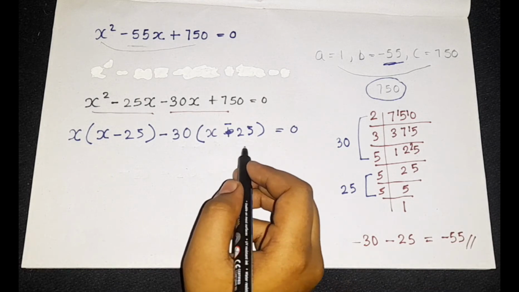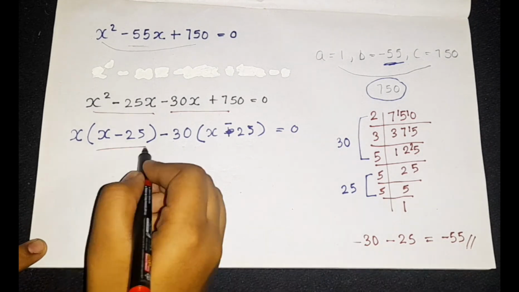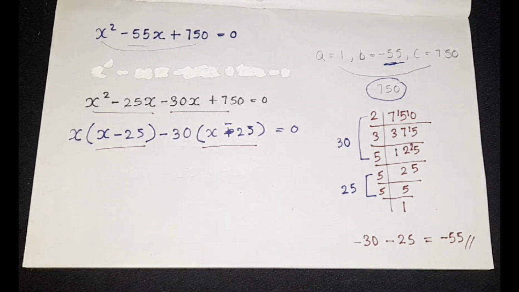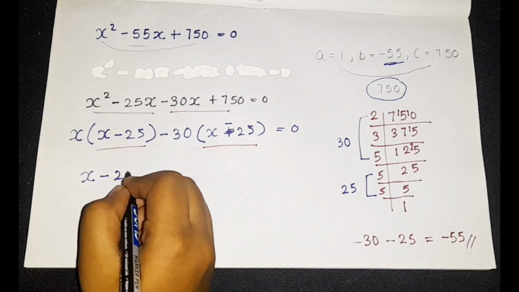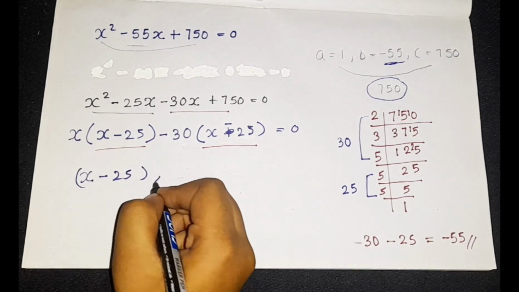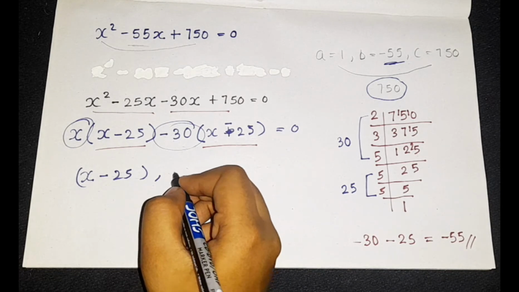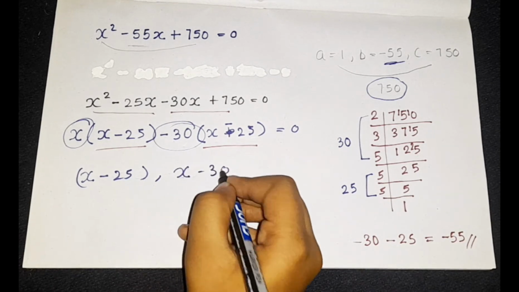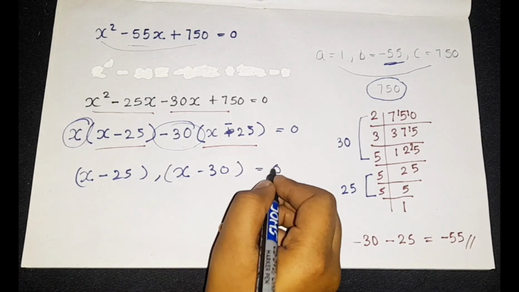Okay, so now we can take the common value. Here we have the similar value, am I right? That is x minus 25. So we can take the x minus 25 out right over here, in bracket of course, and then remaining we have x and minus 30. So we can take this x minus 30 as it is, of course in bracket, and is equal to 0.